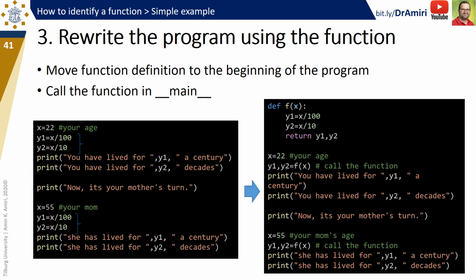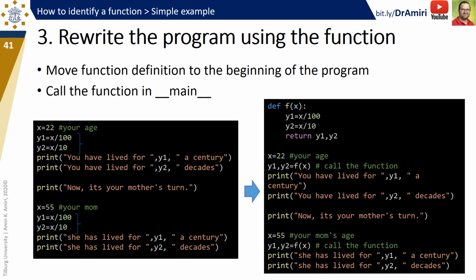So now it's time to rewrite the program using the function. Note that we always have to place the definition of the function before calling that function. So as you can see here on the right side, I started with the definition of the function. Then x equal to 22 was not part of the pattern, so I'm going to put it there.